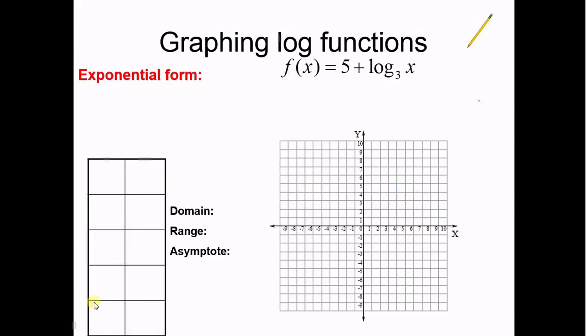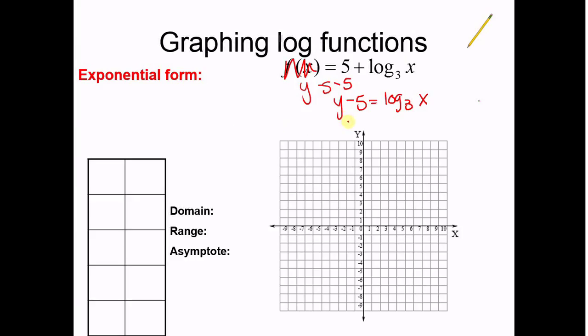Let's try this one. y equals 5 plus log base 3 of x. Very first thing I would do is get the log alone. So let's subtract 5: y minus 5 equals log base 3 of x. Otherwise, it just ain't going to work. So let's convert this.